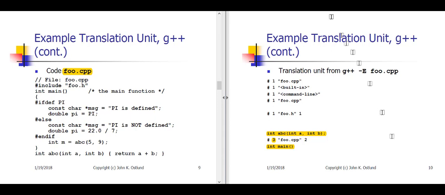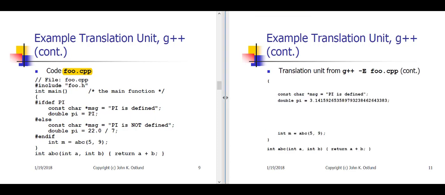Line 4 in the CPP file is shown at the top of page 11, or slide 11 here, and it is the curly brace that starts the definition of main. So the curly brace is the next line that we see in the translation unit.